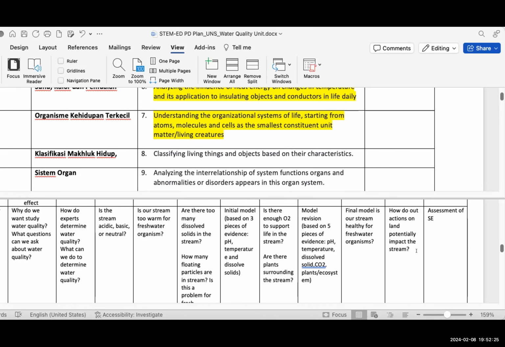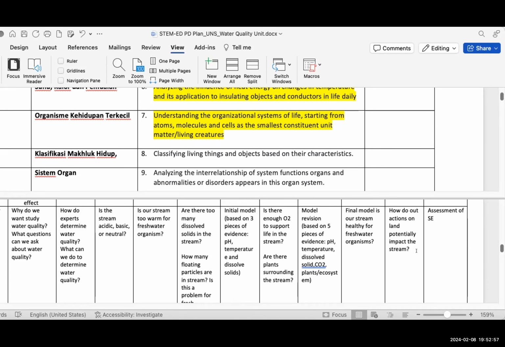For example, for the pH experiment, for doing observation on a stream and also taking the data, we will do it as students, because we believe that it will improve the ability of our teachers to handle or to design the experiment.